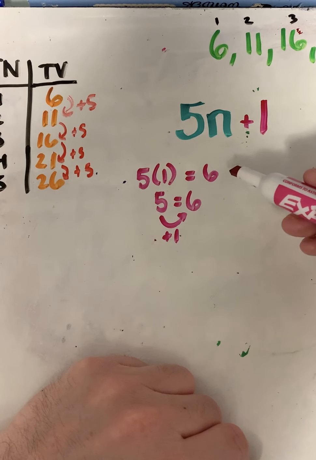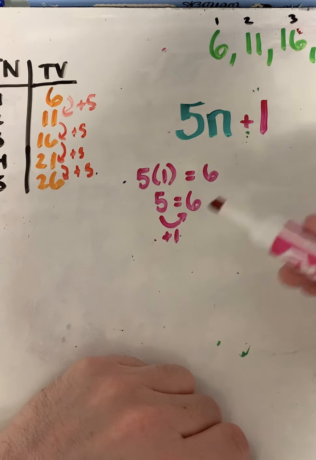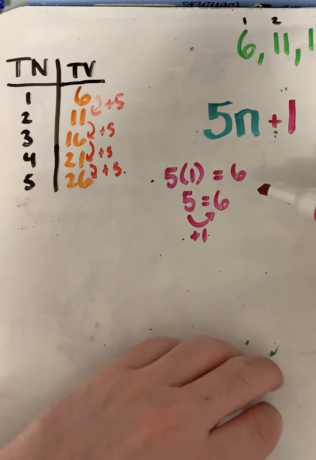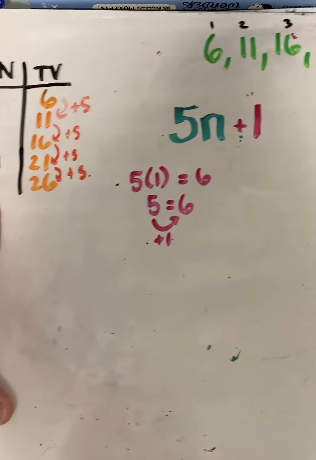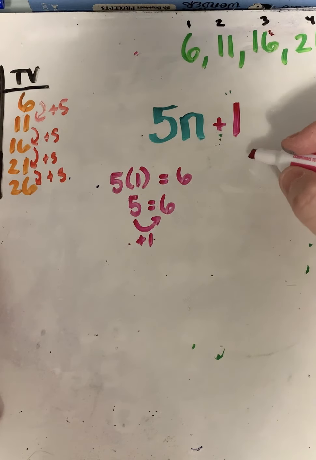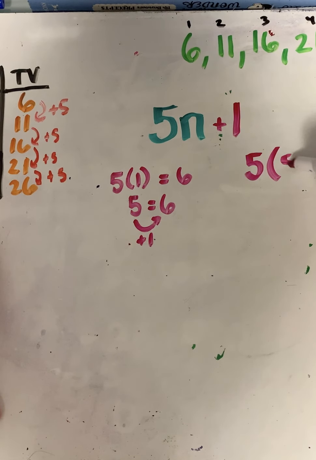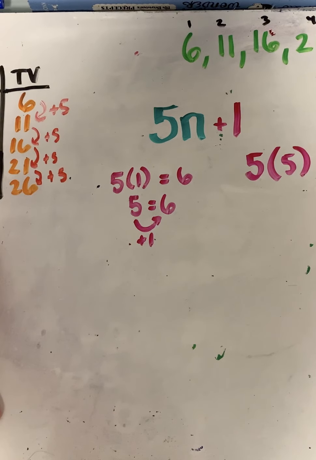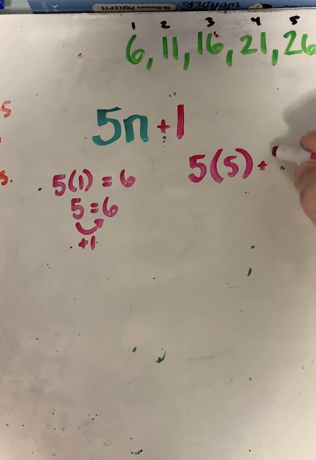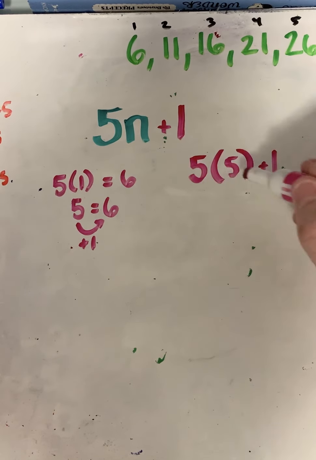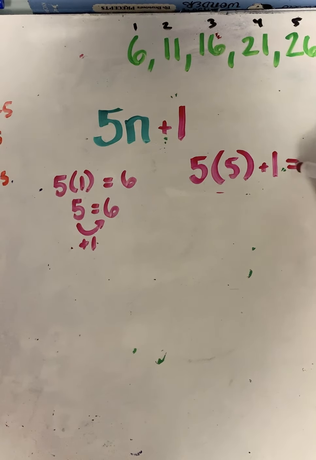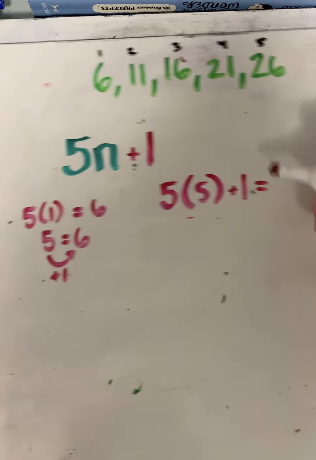Now this pattern rule looks like it might work, but I need to test it out. Let's test it with term number 5. Instead of writing 5n, I'm going to write 5 times 5, because I'm using the 5th term number, plus 1. I have to make sure my entire pattern rule is here. It should equal, what's the 5th number? 26.